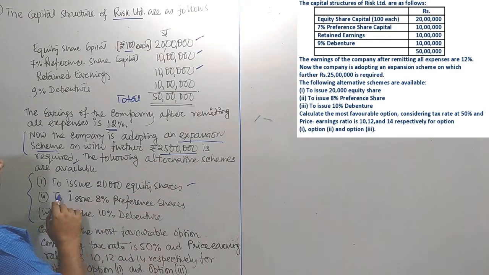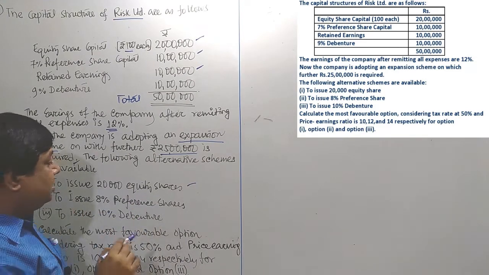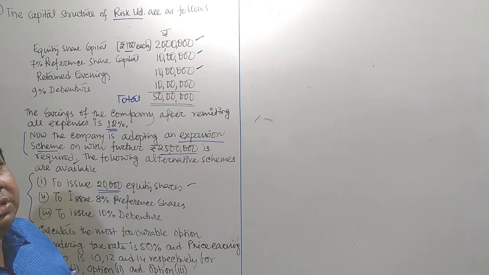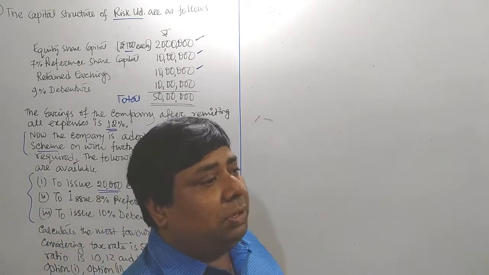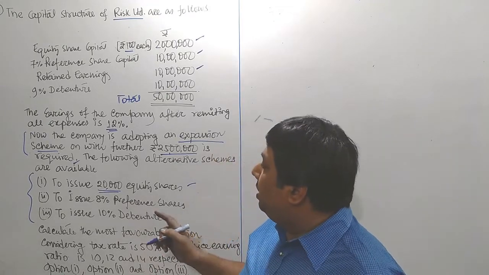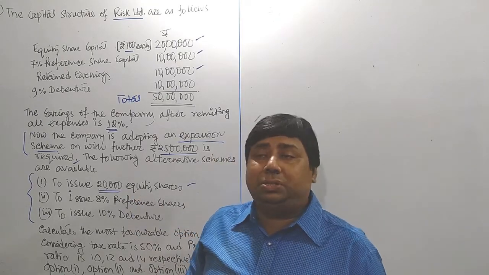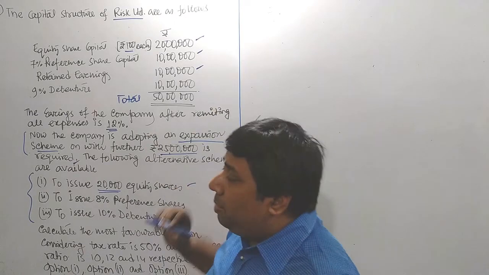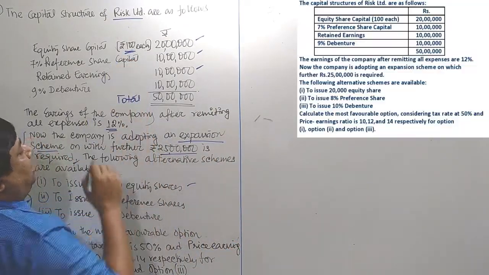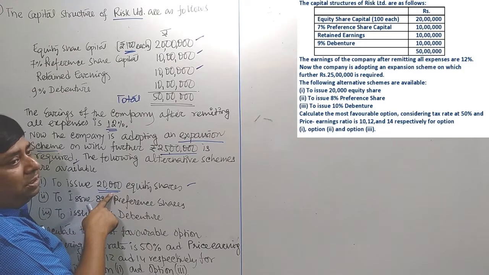First option, the company can issue equity shares, but still there is a question. The company issues how much? 20,000 equity shares. If the company wants to collect 25 lakhs, then the company must issue 25,000 equity shares, as the share capital part is available at rupees 100. But here it is given 20,000 equity shares.